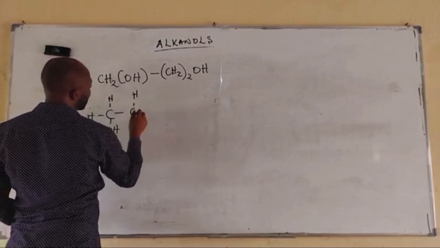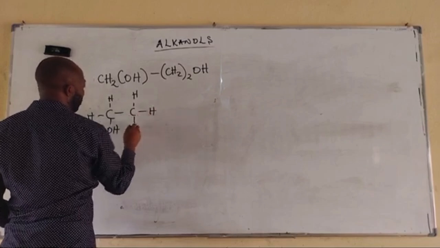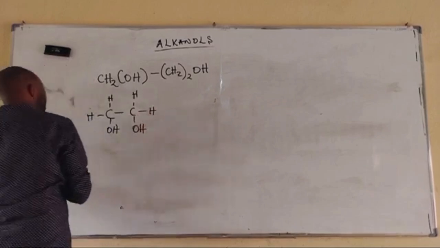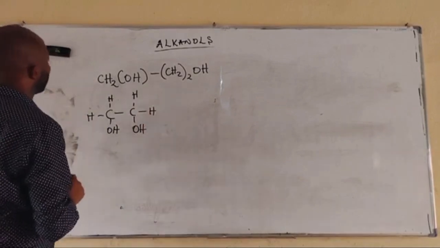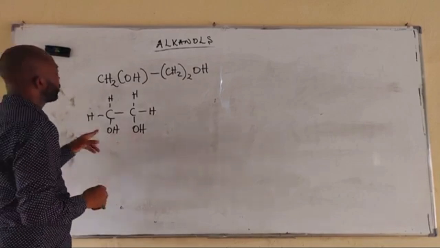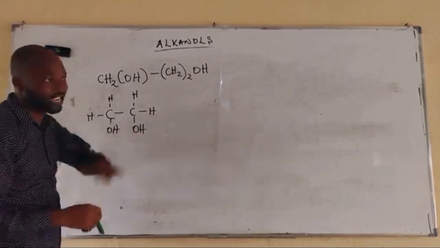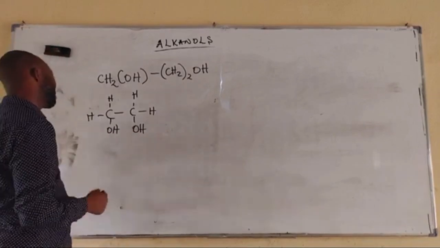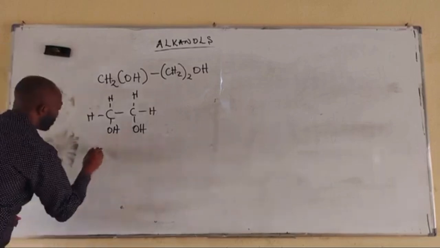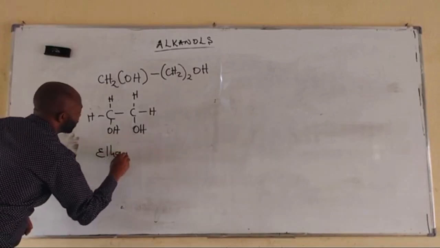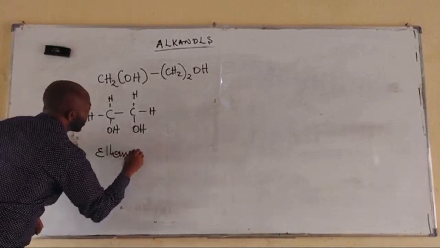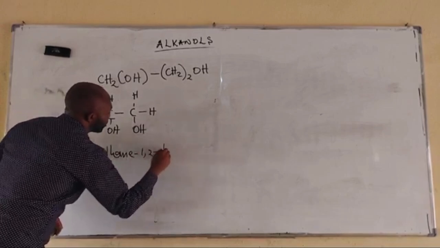Let me put the hydrogen beside, and 1 OH. So this is 1,2 ethane diol, or ethane 1,2 diol.